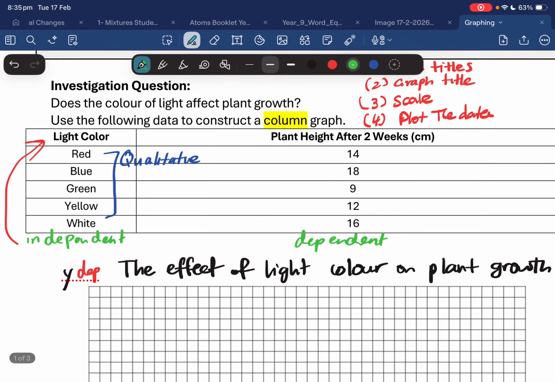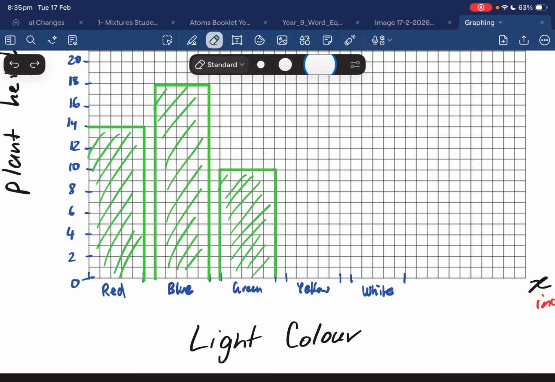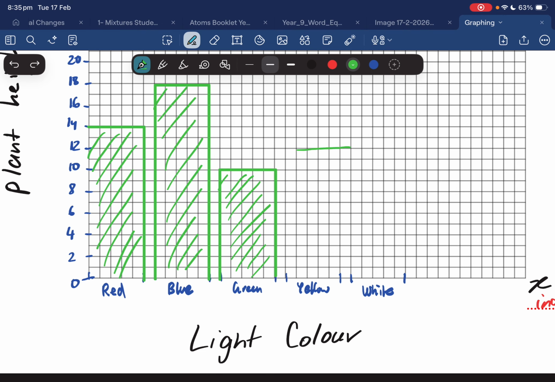And the next one is 12 and 16. Oh, where am I going? Sorry. Oh, not having a good day in it.